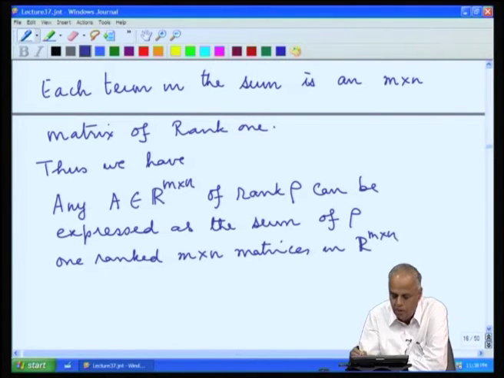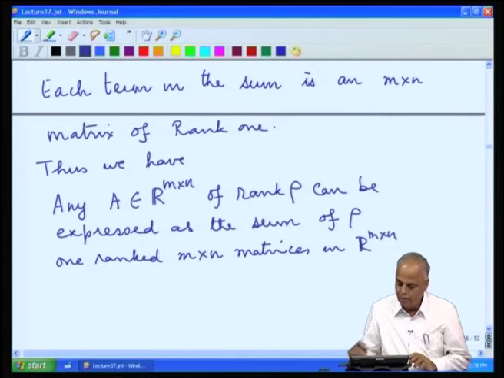So, thus we have the sum decomposition of a rank rho matrix.